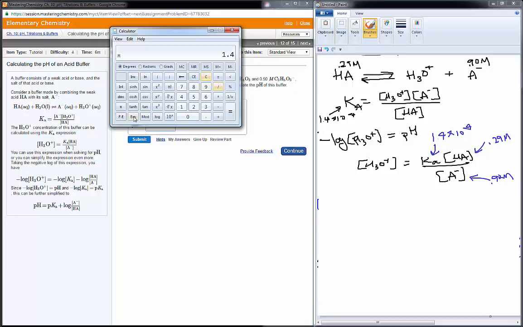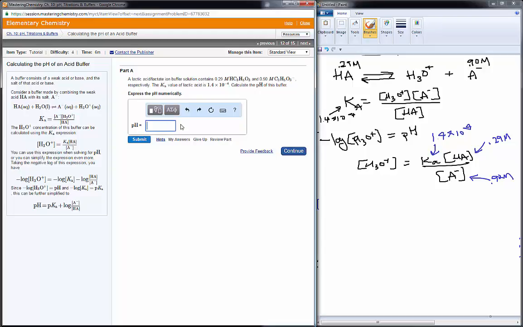So 1.4 times 10 to the negative fourth. Multiply that by 0.29. Divide that by 0.9. And I get an H3O plus concentration of 4.5 times 10 to the minus fifth. If I take the minus log of that, I should get the pH. So the negative log of that, I get a pH of 4.35.